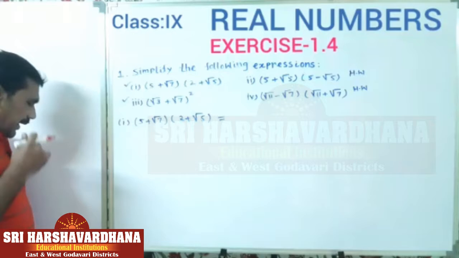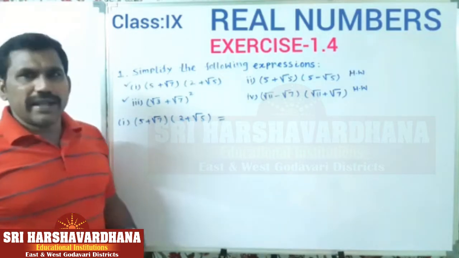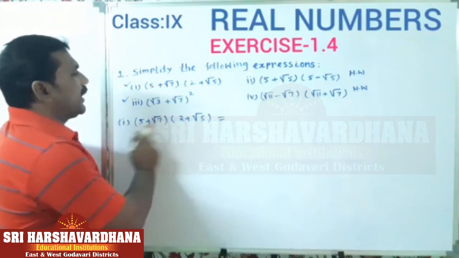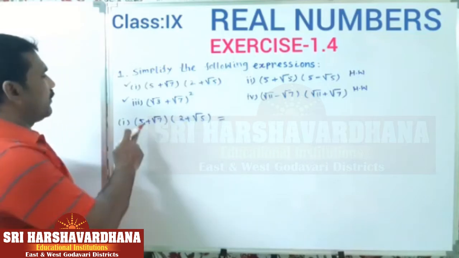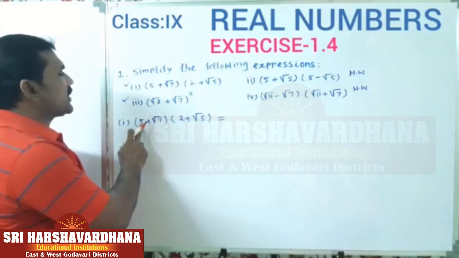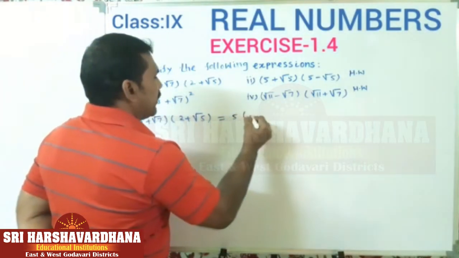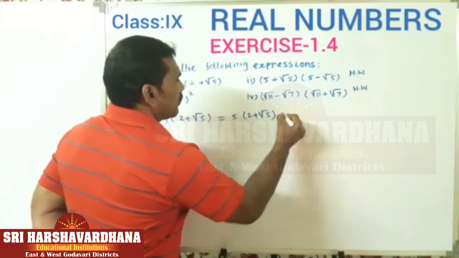Okay. Already I explained this type of problem in example problems. So, to multiply these two expressions, multiply the first term of the first expression with the second expression, I mean 5 into (2 plus root 5).